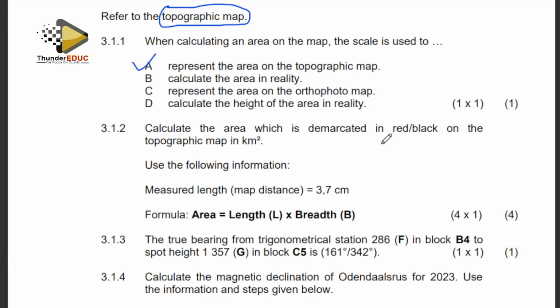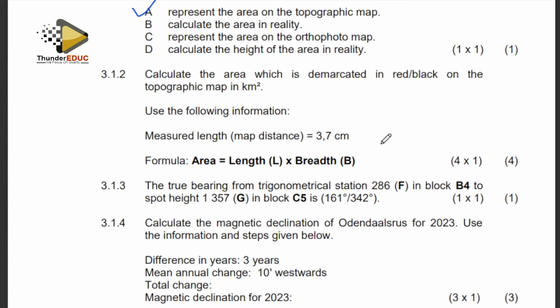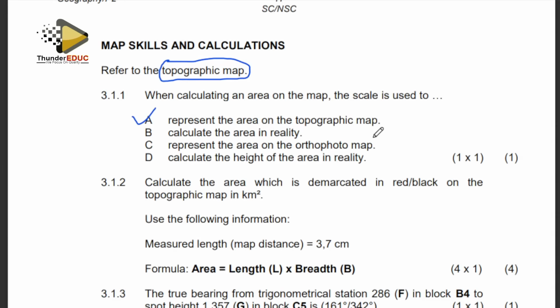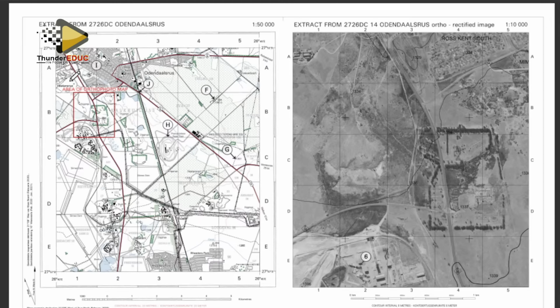Because they want the answer in kilometers, what do we do? We quickly measure our distance, and we convert it the way they want it to be converted. They said the length is already measured, 3.7. We have this part here and this part here.